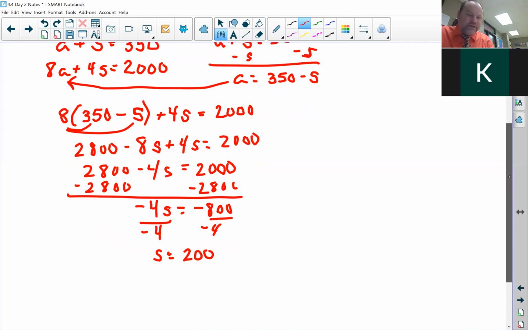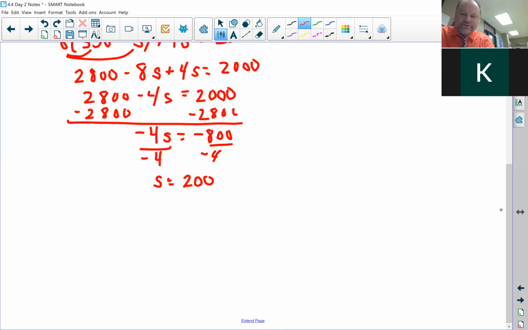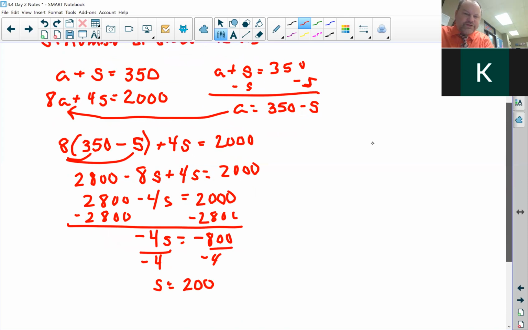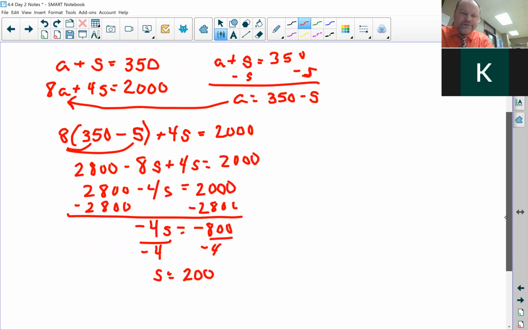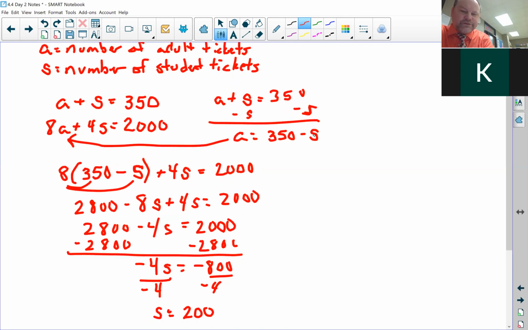Then I can plug in, and I'm going to plug into this equation right here, A equals 350 minus S, to figure out the number of adult tickets.